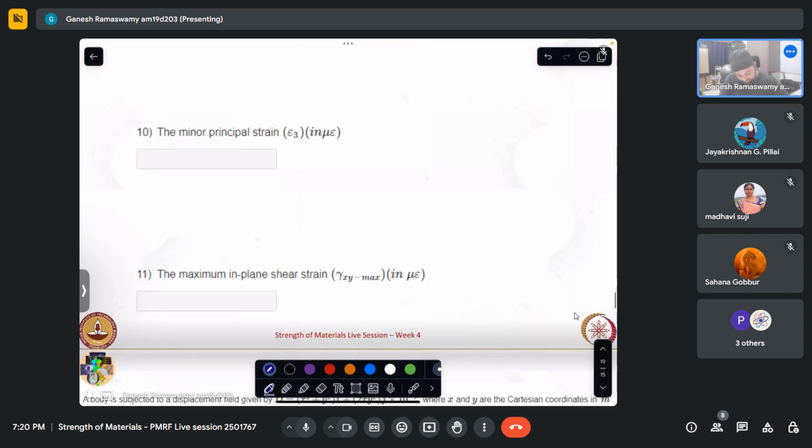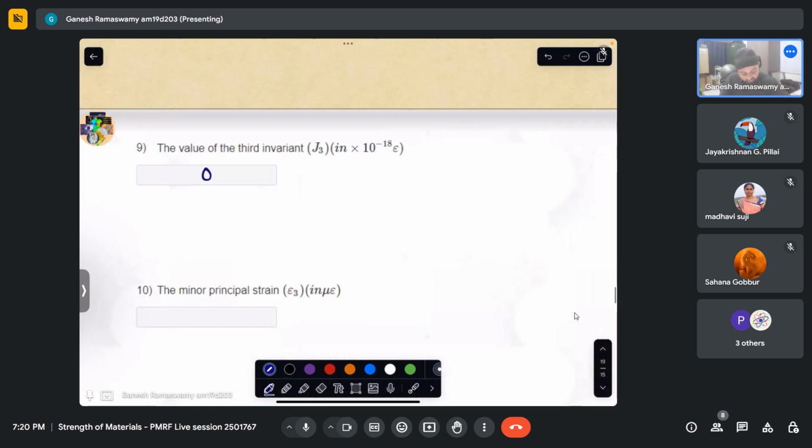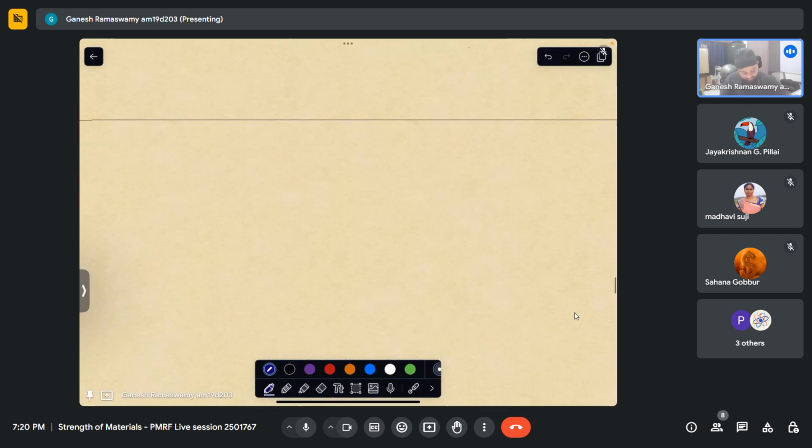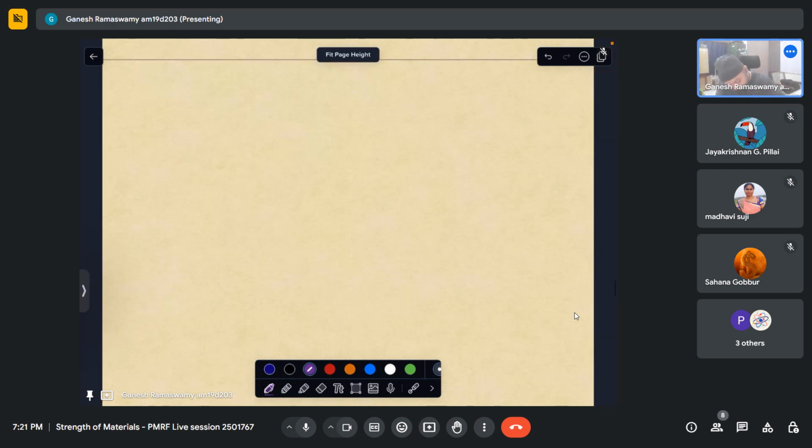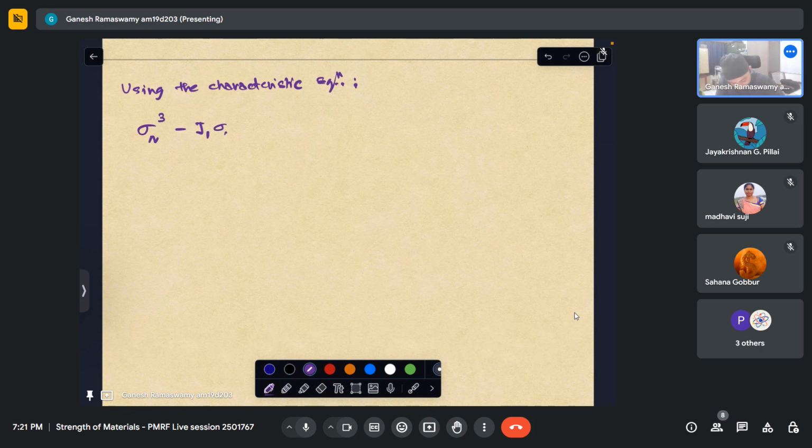Now that we have the invariants, we have one way to calculate our principal strains, similar to what we did for principal stresses, using the characteristic equation. For stress, it was sigma n cube minus I1 sigma n squared plus I2 sigma n minus I3 equal to 0.